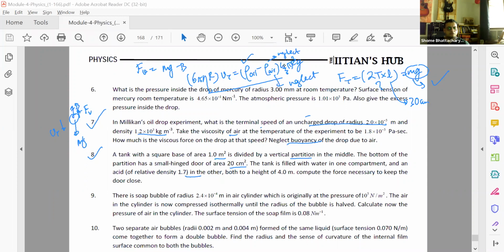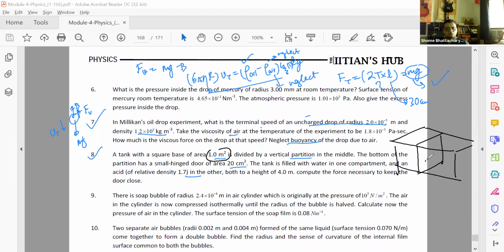So basically, let's say this is the wall which is going through the center of the tank. On one side you have oil, on the other side you have water or whatever. Vertical partition, small hinge door of area.